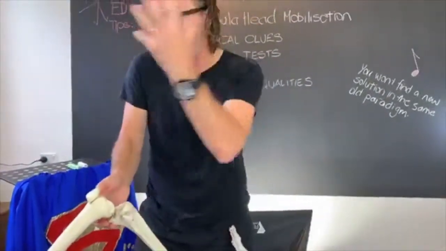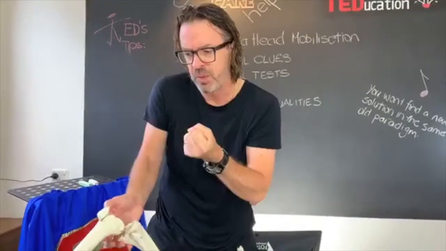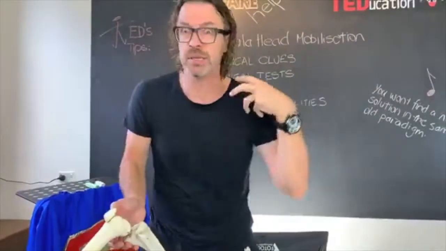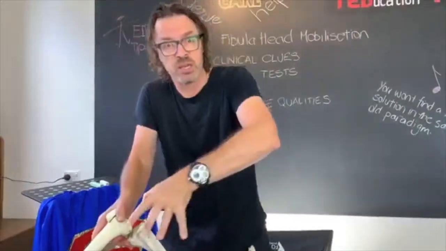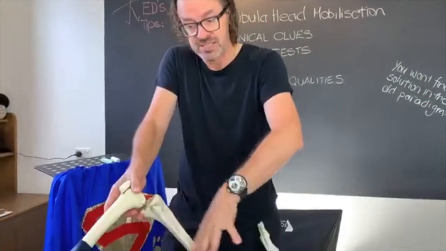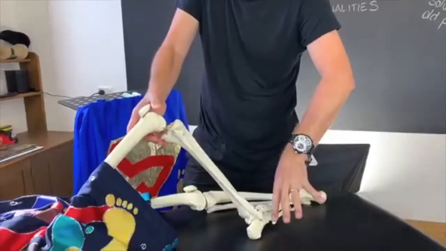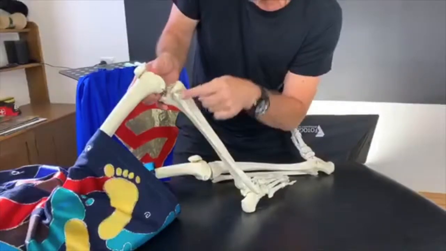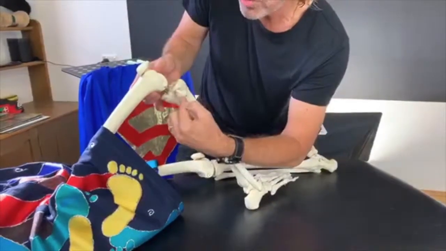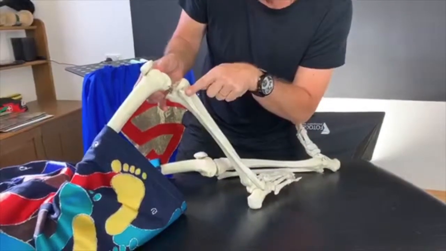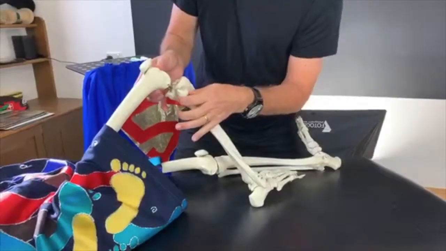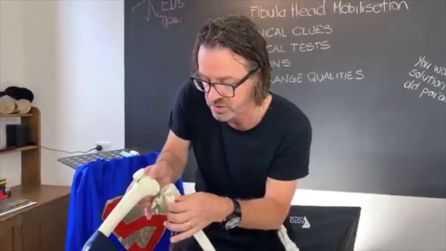And if that input from the brain is continuous or even excessive, because we've got internal rotation associated with subtalar pronation, then a lot of forces are concentrated on the fibula head, which results in the fibula head being pulled or displaced in a posterior direction.